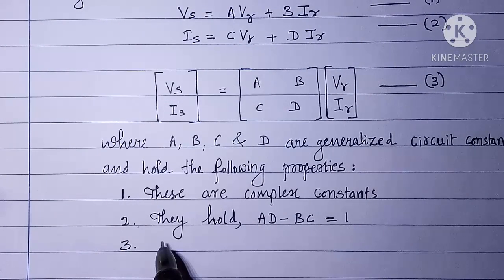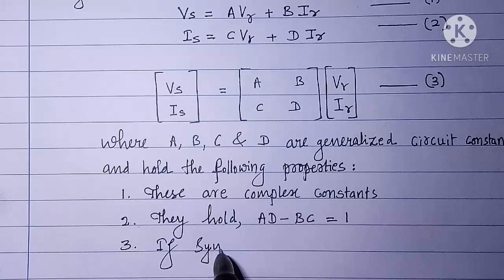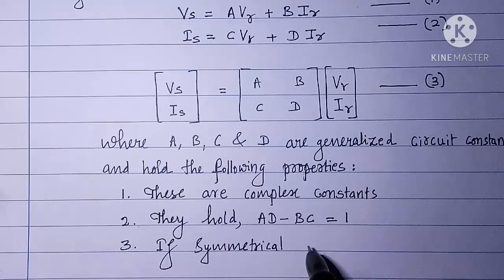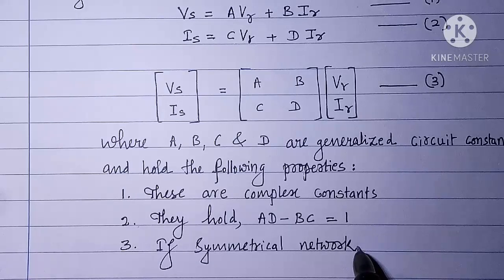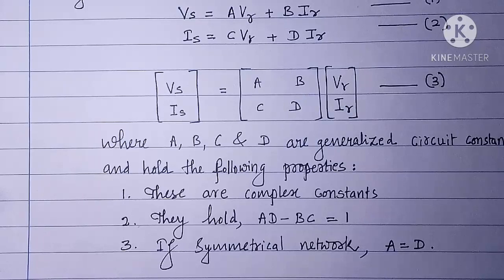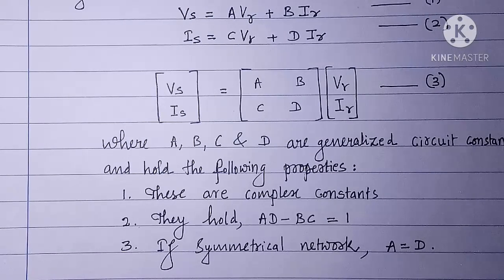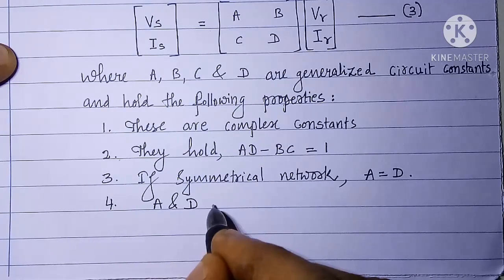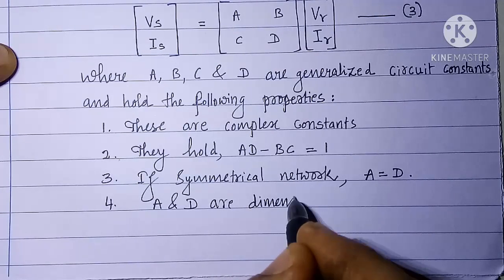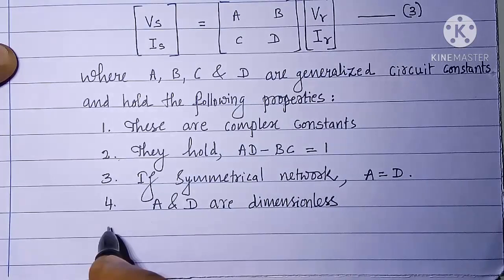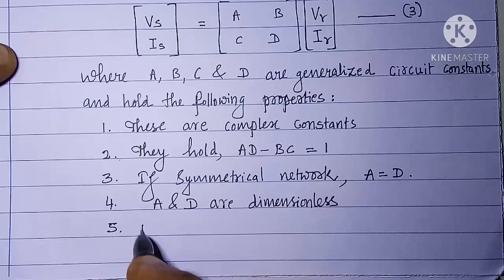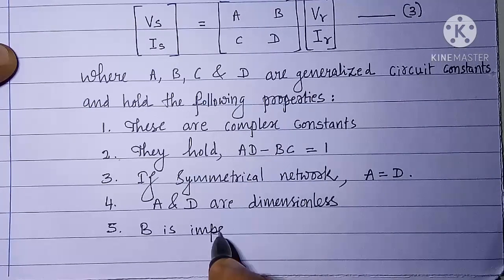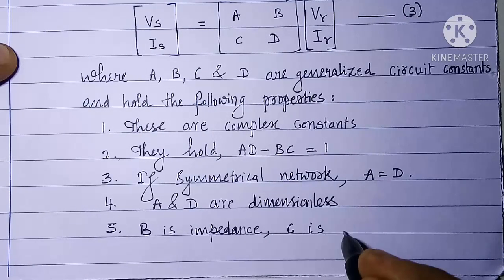Third one, if symmetrical network then A equal to D. A and D are dimensionless. B is impedance, C is admittance.